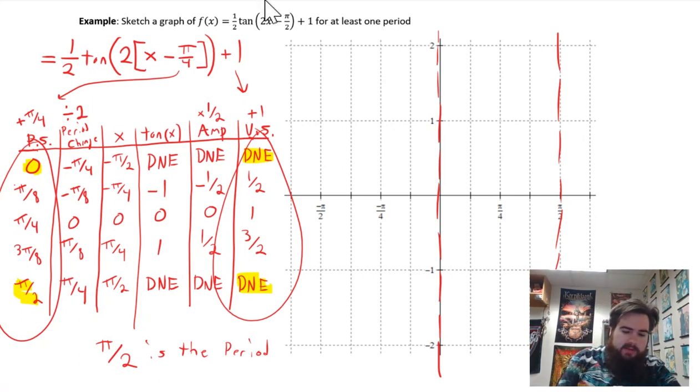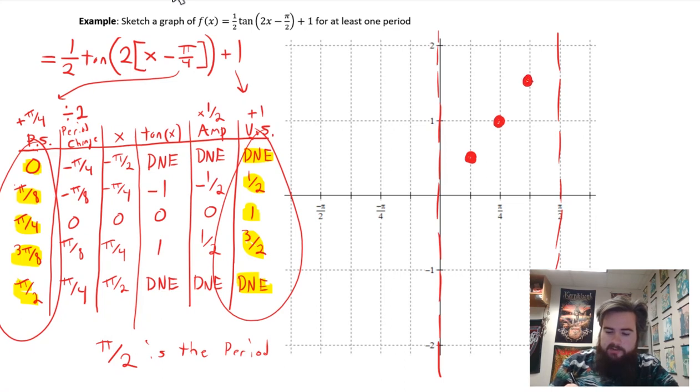I also have at pi eighths a value of 1/2. So that will put me about here. I have at pi fourths a value of 1. Puts me about here. And at 3 pi eighths, a value of 3/2, or 1.5, which puts me about here.